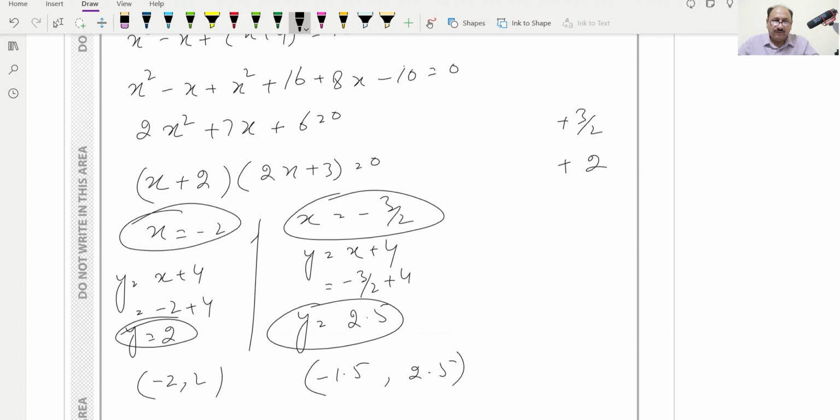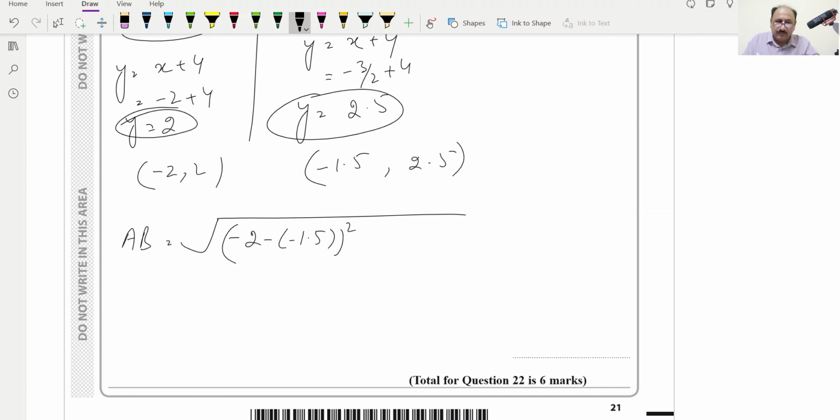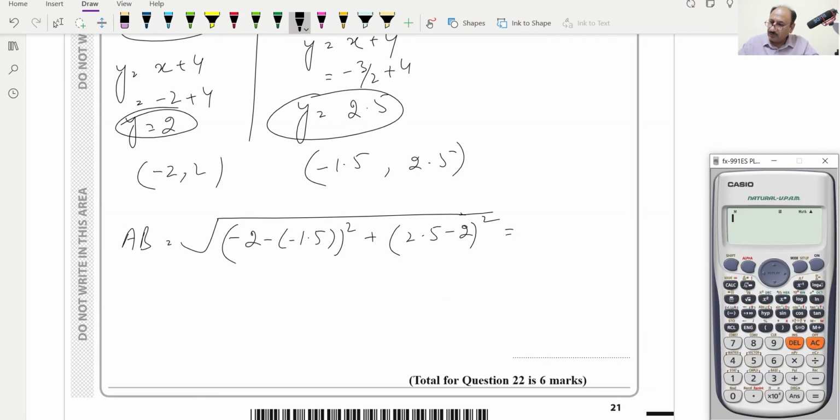So we can apply the distance formula, and the distance AB will be equal to the square root of x2 minus x1, so minus 2 minus minus 1.5, squared, plus y2 minus y1 squared, and we can solve this one with the help of a calculator.